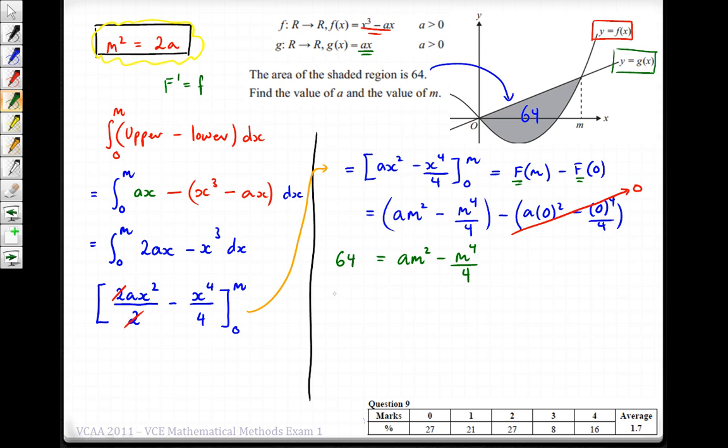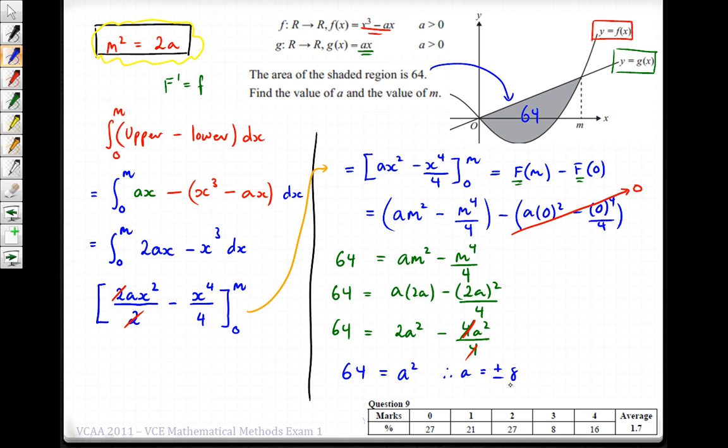So we should be able to get that 64 equals a times 2a minus, this is just 2a squared on 4, which is the same as 2a squared minus 4a squared on 4. The 4s will disappear, and we're just going to be left with 64 equals 2a squared minus a squared, which is a squared. Therefore, a equals plus or minus 8.